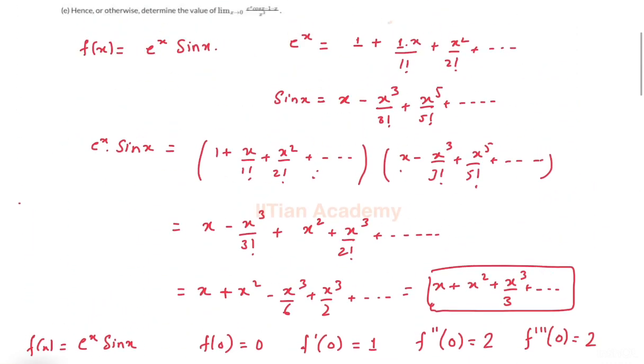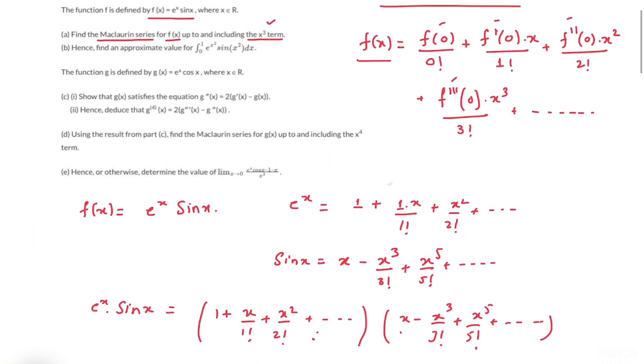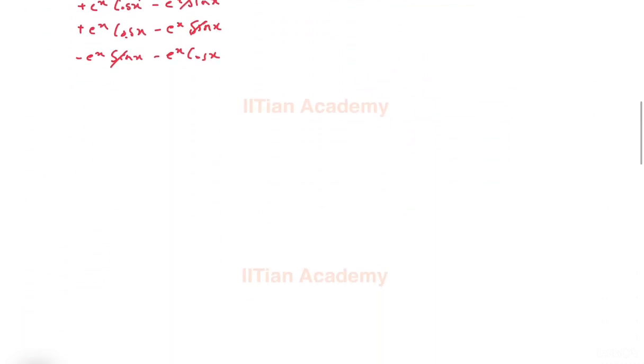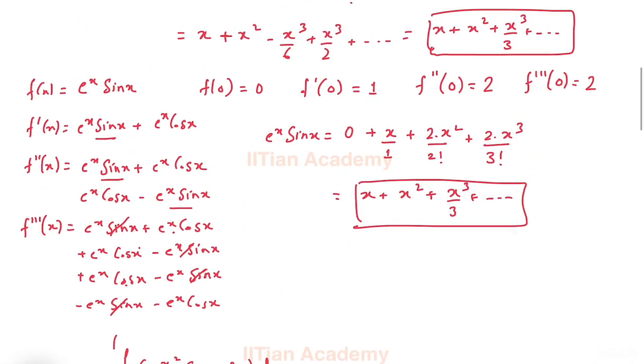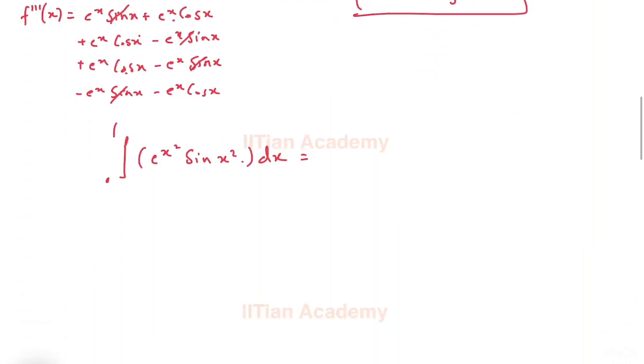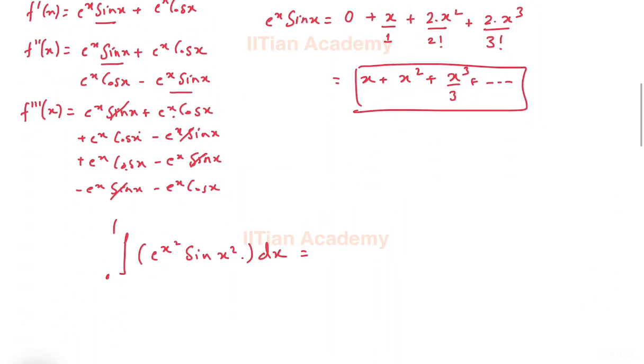Now let us move on to the B part. In the B part, we have to identify the integration from 0 to 1 of e raised to the power x square sin x square dx. Now, we can use the expansion of e raised to the power x sin x in this series.